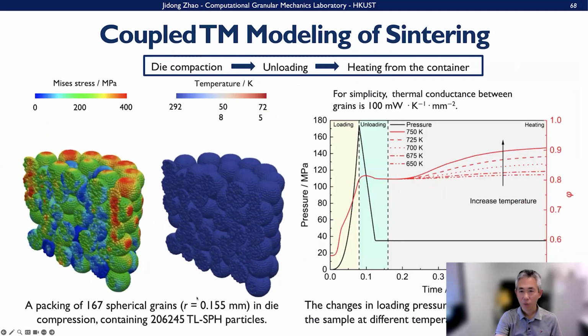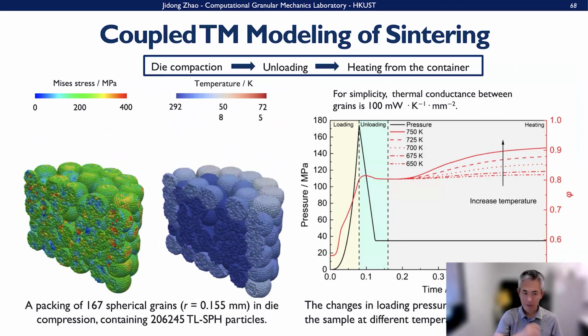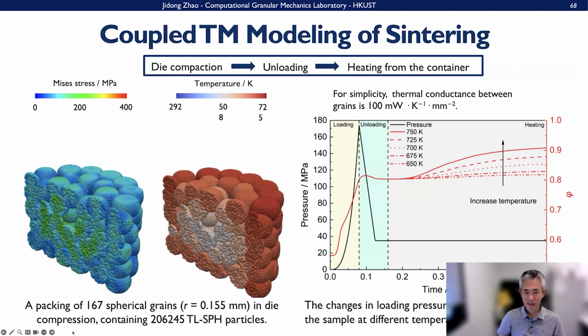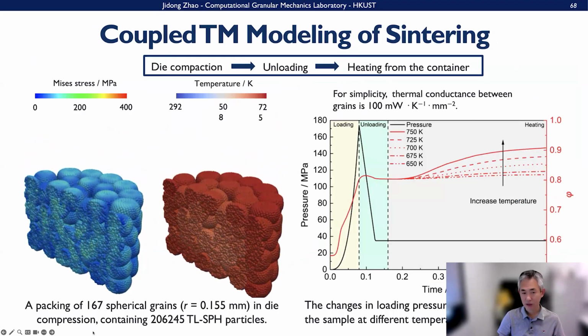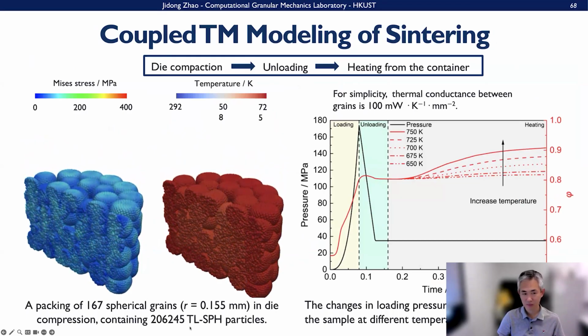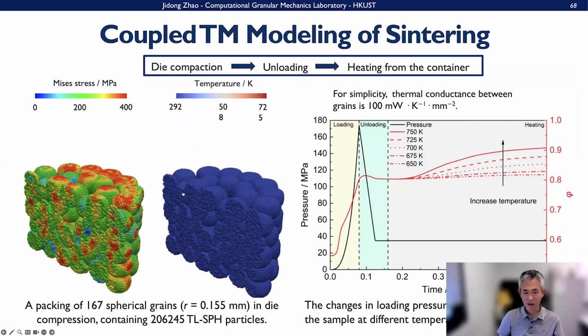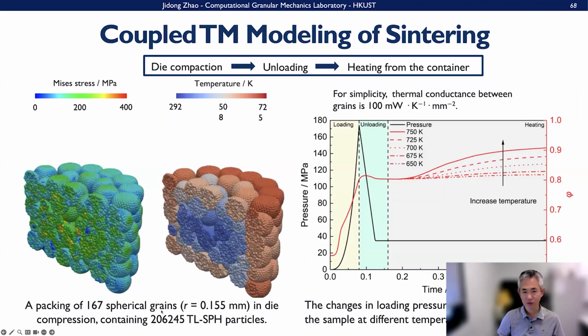And now, when we look at the sintering here, this is a simulation of a packing of 167 spherical grains, and each grain will contain a lot of SPH particles, making the total particle number like this one here. Okay, and when we compress it, these are the contours of the temperature as well here.